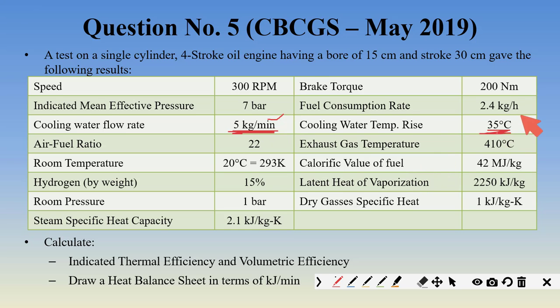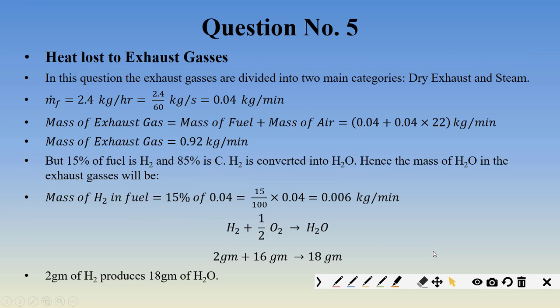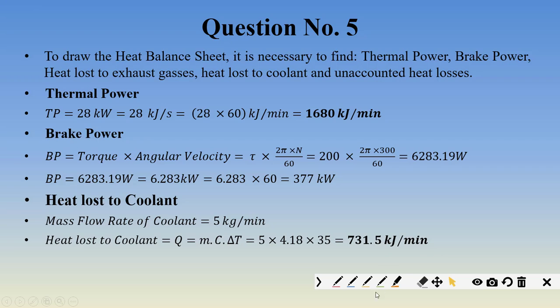So we know M, we know delta T, and we know the C of coolant water by heart, 4.18 kilojoule per kg Kelvin. So substituting these values in MC delta T, we get the heat loss to the coolant: 5 into 4.18 into 35, which is 731.55, about 731.5 kilojoule per minute. See, this should also be kilojoule per minute. I have made that mistake.